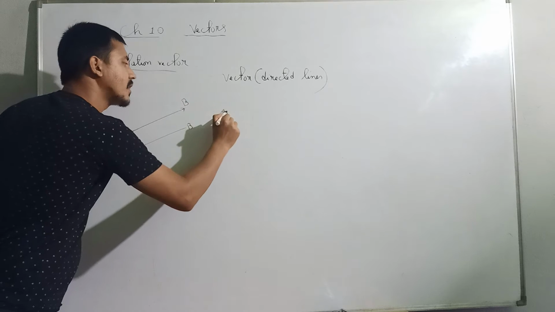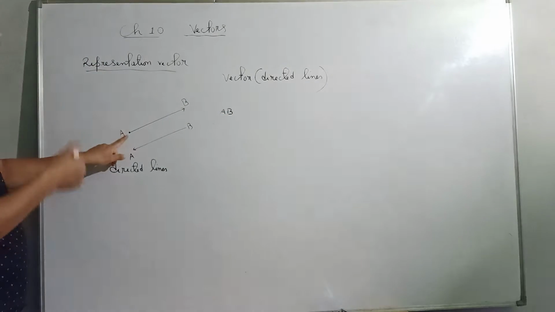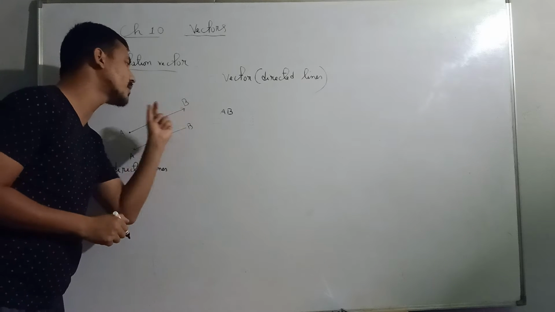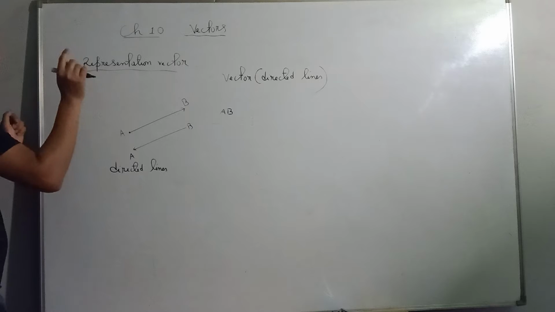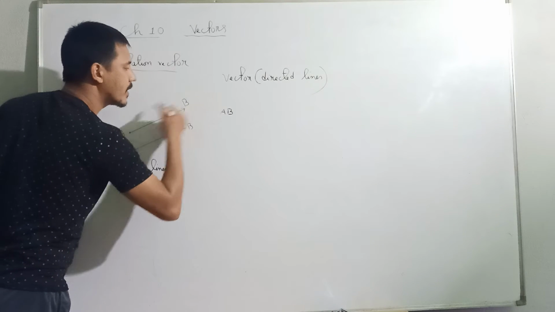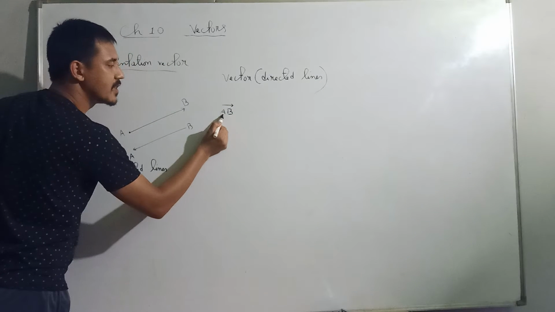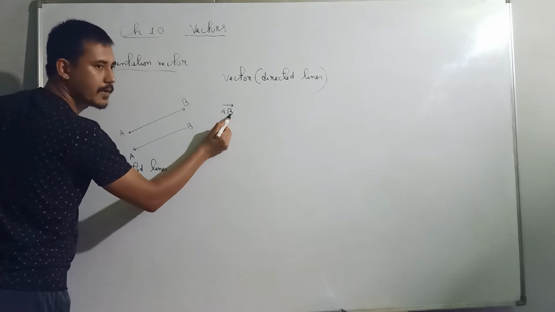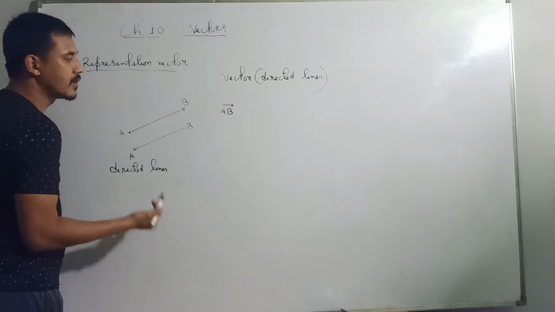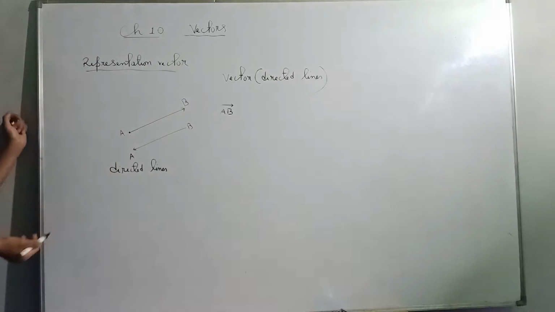The name of this line is AB, it is directed towards B. So I'm going to represent this directed line AB as vector AB, where A is the initial point, B is the terminal point, we say. Not final point, terminal point. The line terminates at B. Starting from A, it terminates at B.